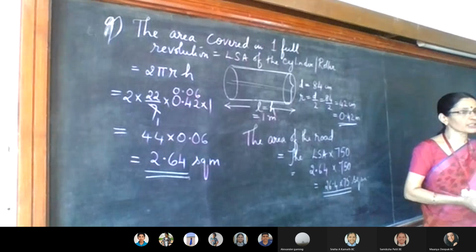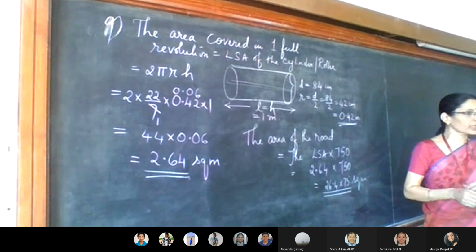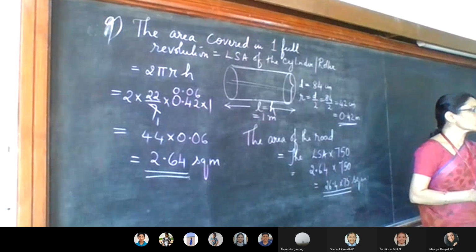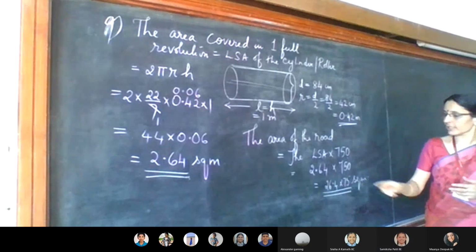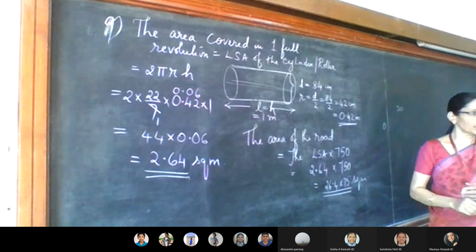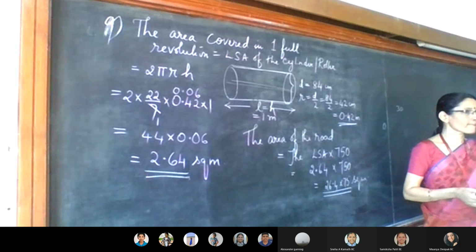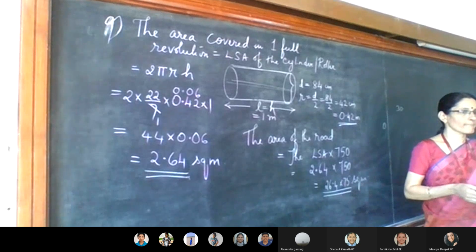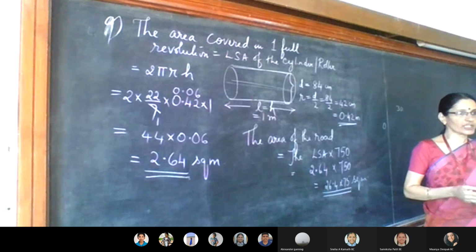75 fours you can do in your mind. What is 75 fours? The 75 table we can calculate in mind. 75 twos are 150. 75 fours are 300, right? So 300, 30 in mind. Then 75 sixes are 300 plus 2 more 75s, 450, right?